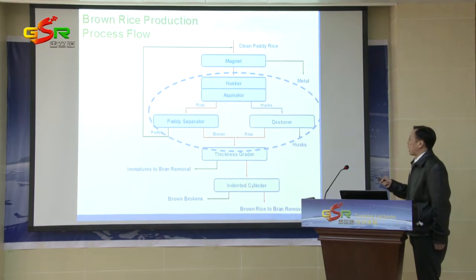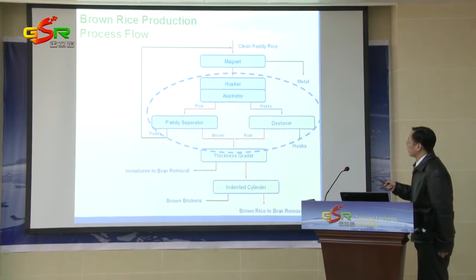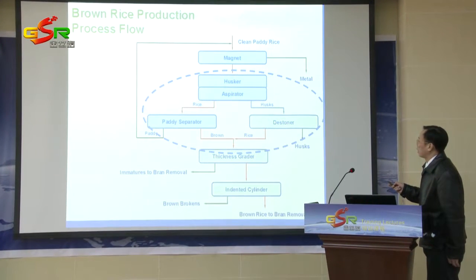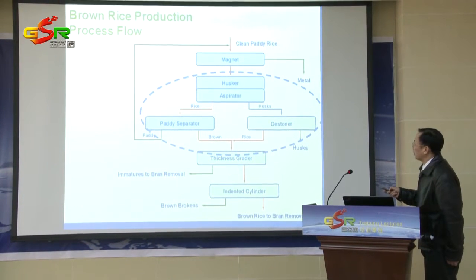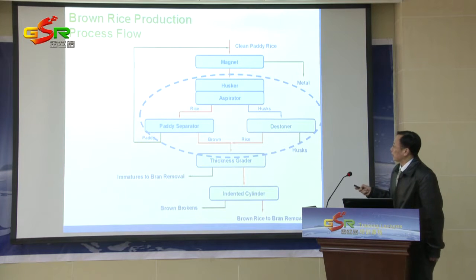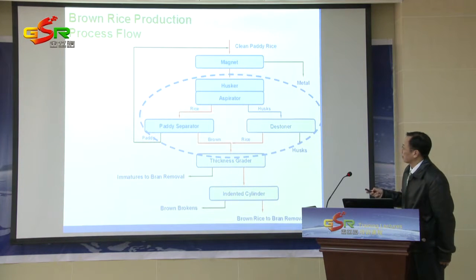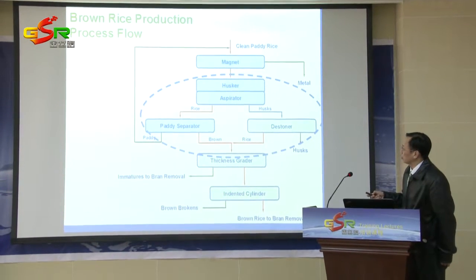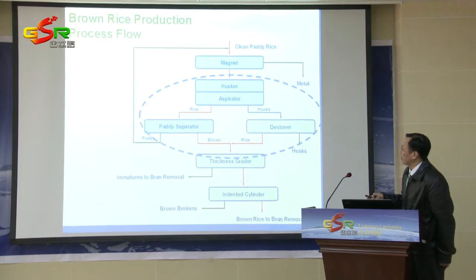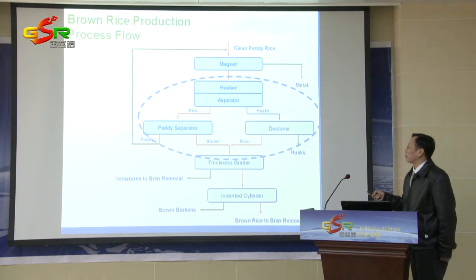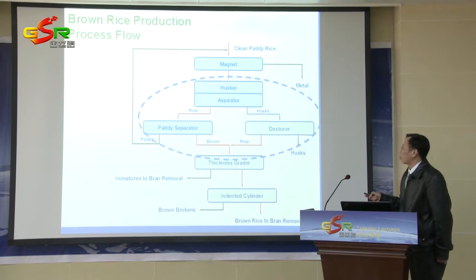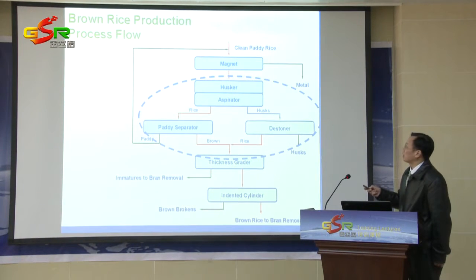And we can use the paddy separator to separate husk and brown rice. And the rice can be separated into two types of material, the paddy and the brown rice. So we can get the final product, brown rice, from the brown rice production processing.